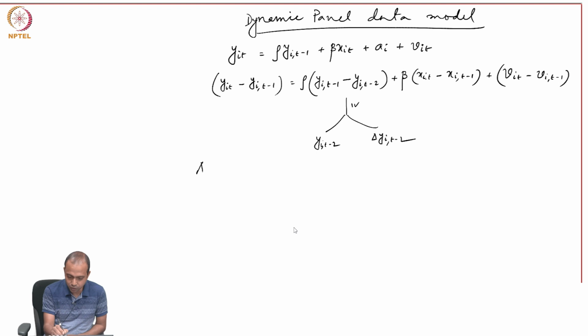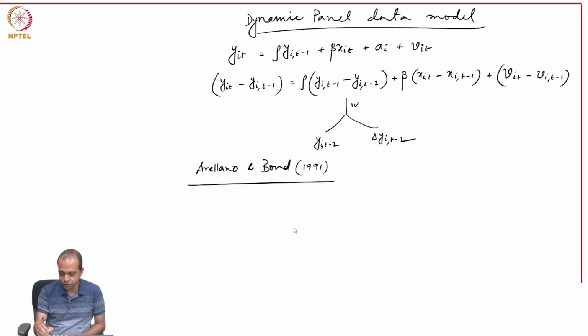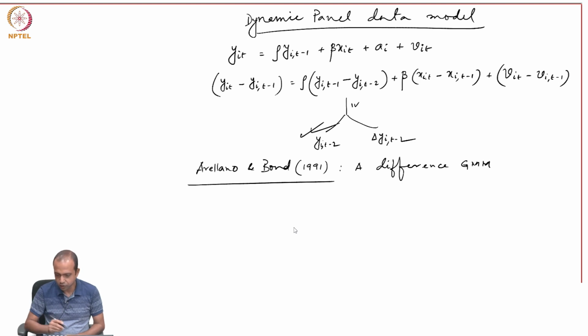The Arellano and Bond 1991 model we are discussing is basically a difference GMM model, based on this idea.